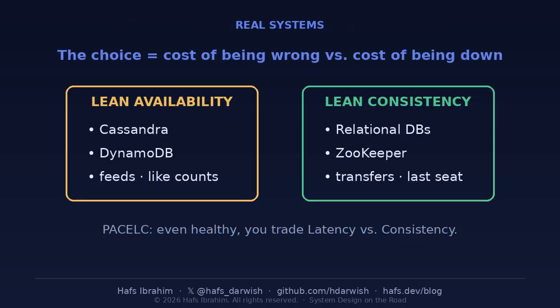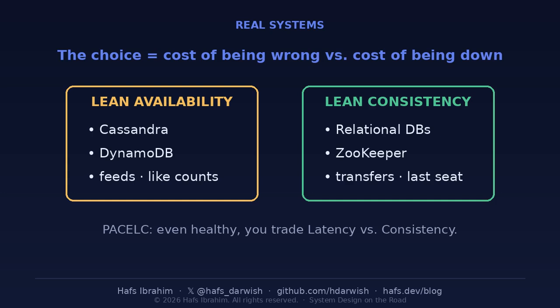There you cannot tolerate two nodes disagreeing, double-selling that seat is a catastrophe. Systems like traditional relational databases, and coordination tools like Zookeeper, lean toward consistency, they'd rather refuse the request than risk a wrong answer. Notice the pattern: the right choice depends entirely on the cost of being wrong versus the cost of being unavailable. That's a business question wearing an engineering costume.